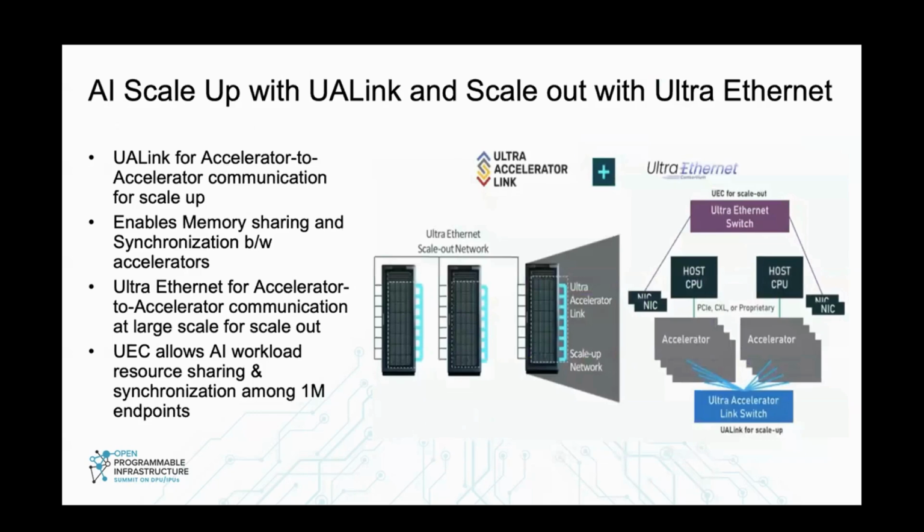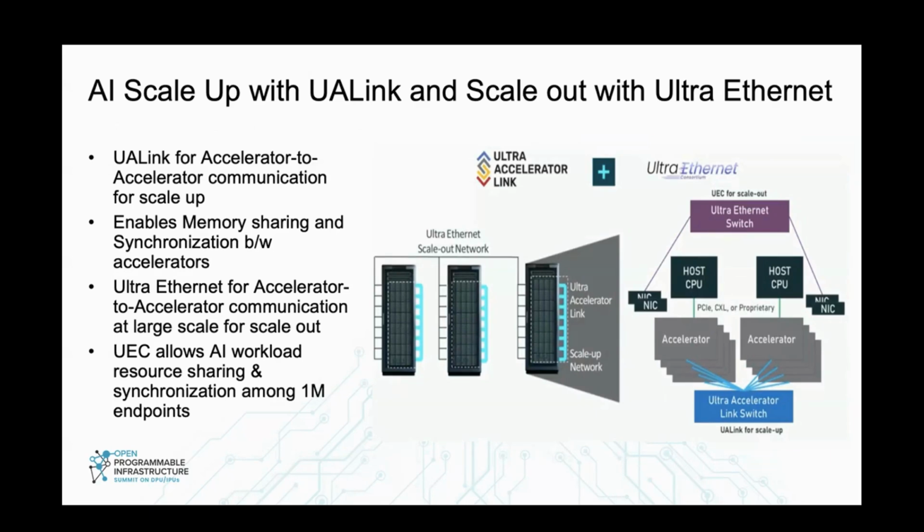Most of you have heard about scale up and scale out. Ultra Accelerator Link is used for scale up applications, and Ultra Ethernet is used for scale out applications. As the model sizes and parameters are increasing, it is very difficult to store all the models within a single GPU or DPU memory. So in that case, we have to share the memory across the DPUs or GPUs.